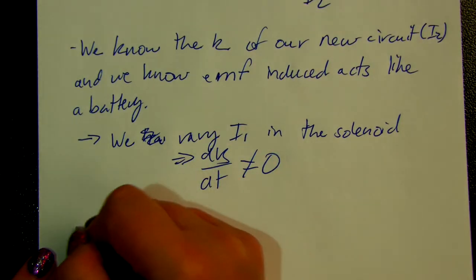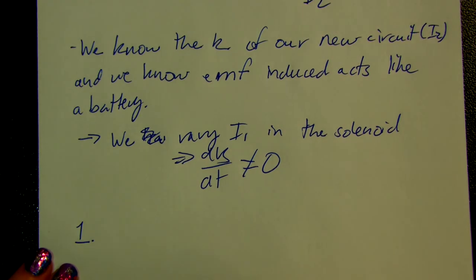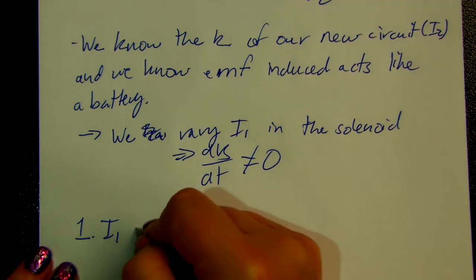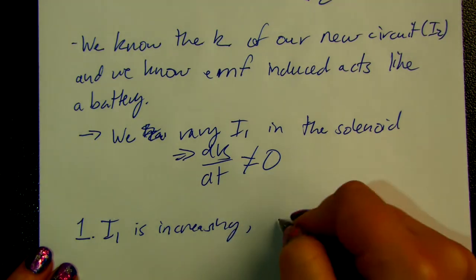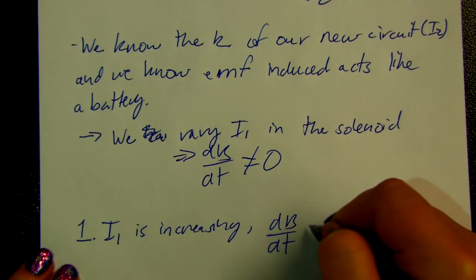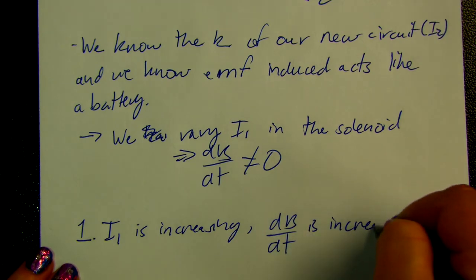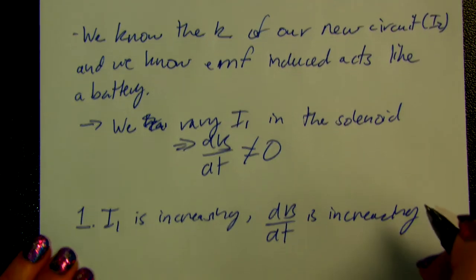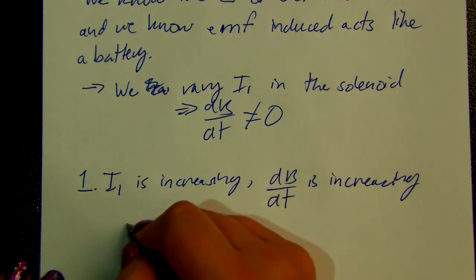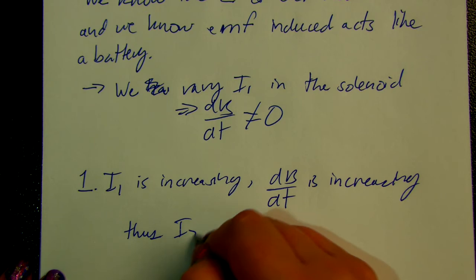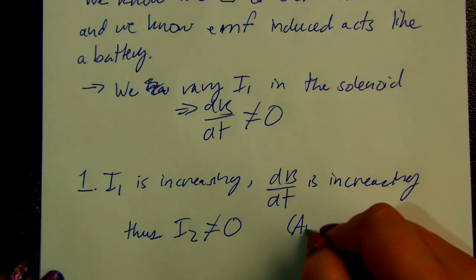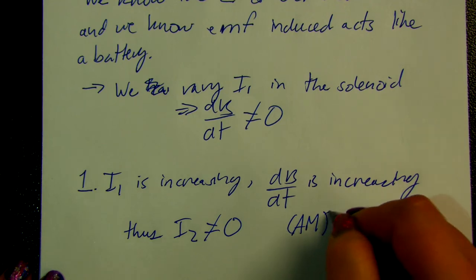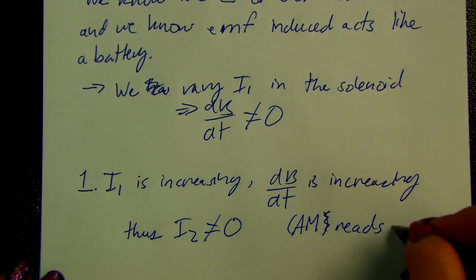Okay, so let's look at a couple circumstances. So let's say I1 is increasing. So then dB/dt is increasing. Thus, I2 is not zero, and the ammeter will read negative.